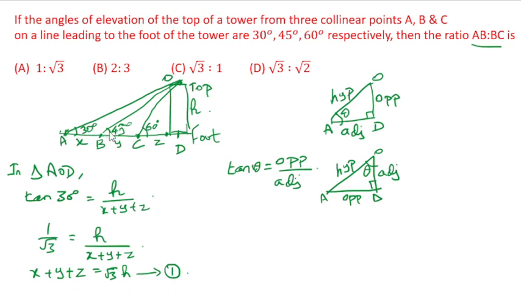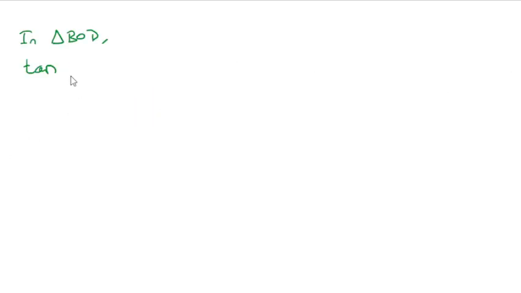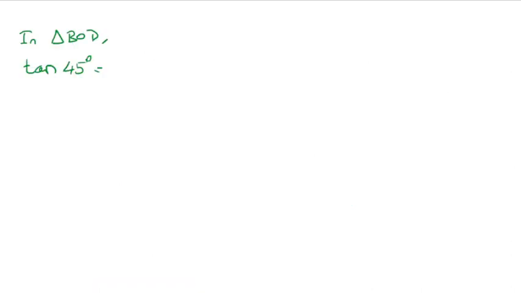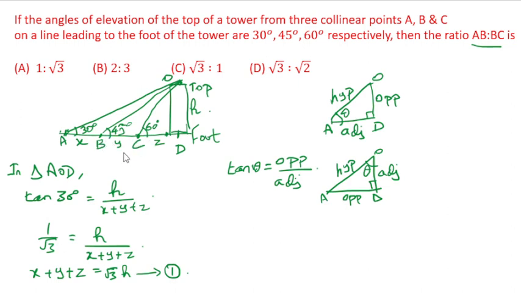So in triangle BOD, tan of the angle is 45 degree, right? And the opposite side doesn't change, it's just the tower's height. So h by the adjacent side, y plus z.